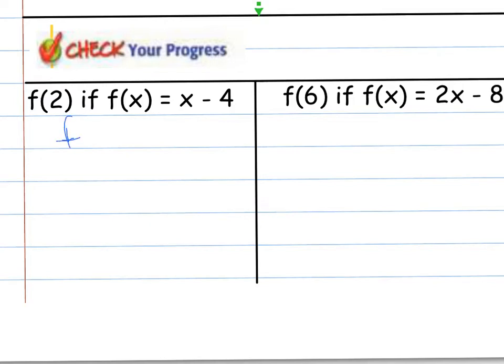So I'm going to plug in 2 for x. Oopsie. That was a mistake on my end. So I'm going to plug in 2 for x. That's a common mistake that some of you make, is you put it next to it, but you're actually replacing it. So that's 2 minus 4. So the function in this scenario, when x is 2, is going to be negative 2.